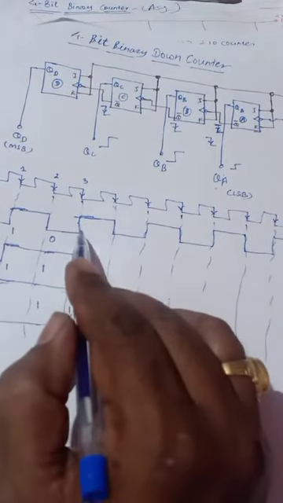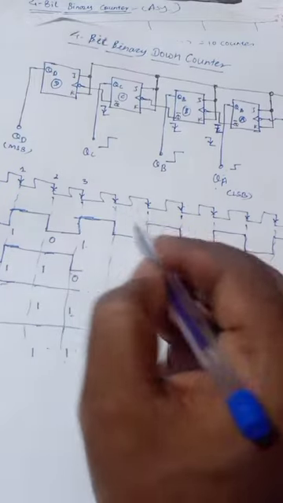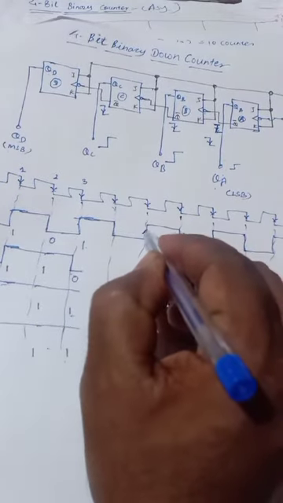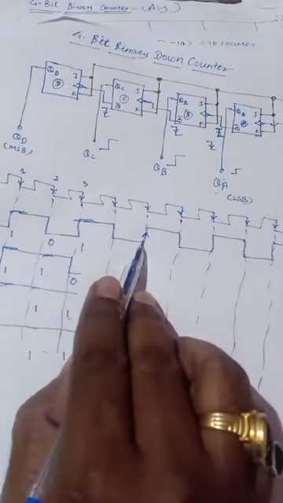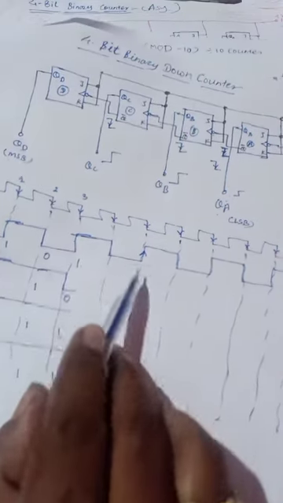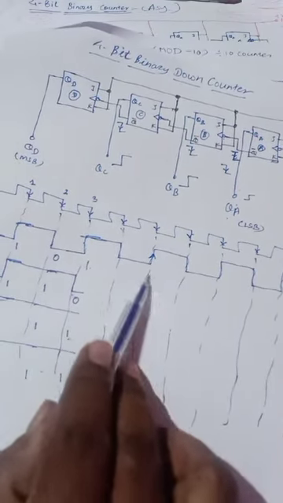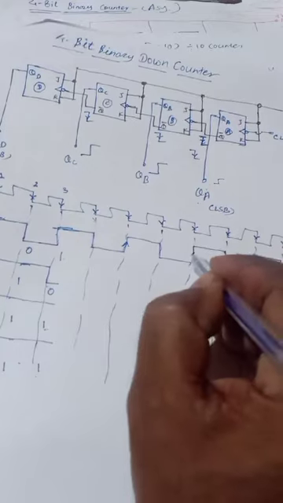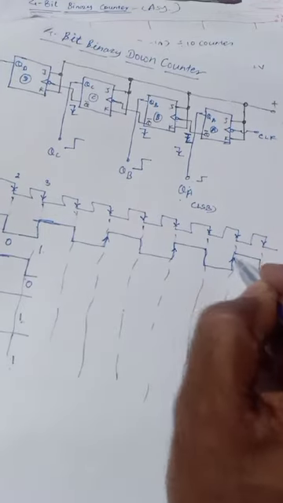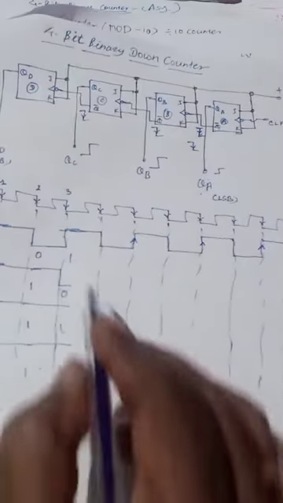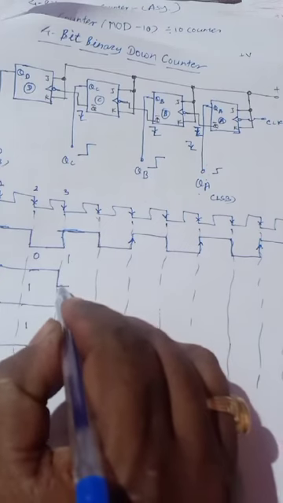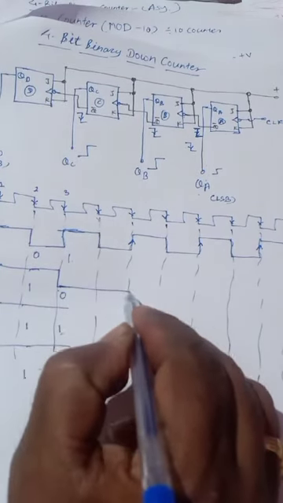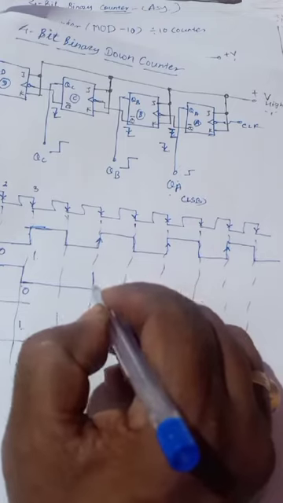This is the rising edge, it toggles. Here also it is the rising edge. Just mark the rising edge because QA rises, Q bar falls. So just mark the rising edge directly. So this QB toggles at the rising edge.